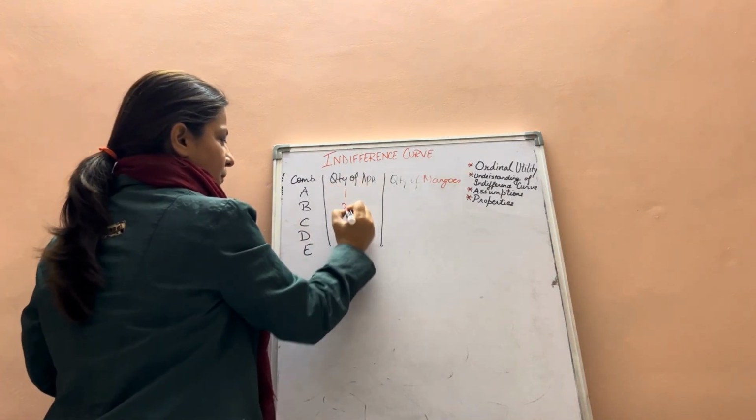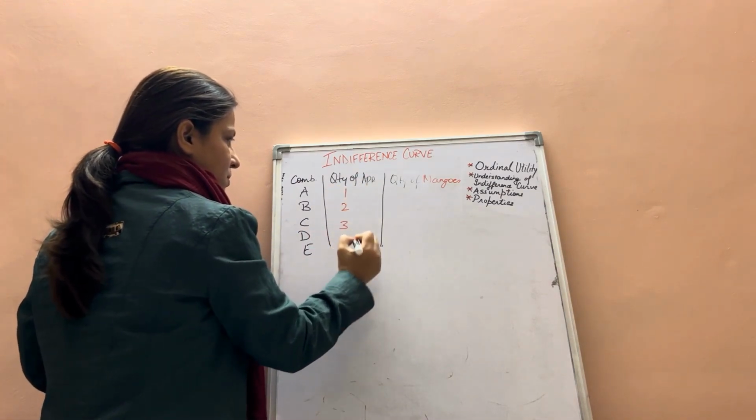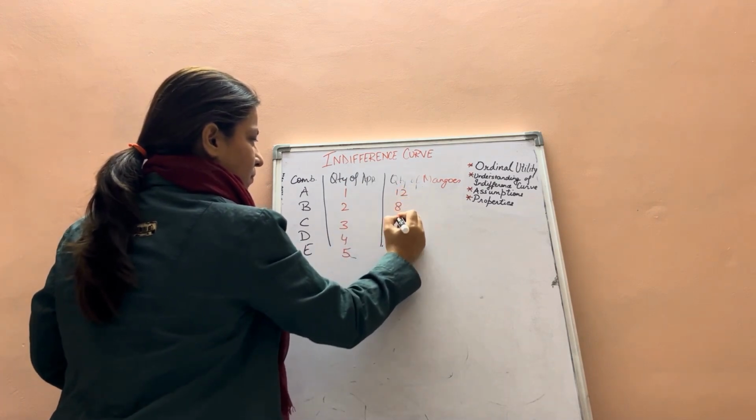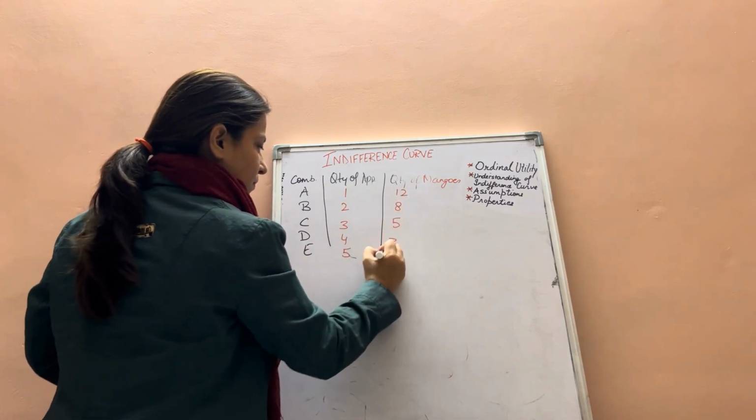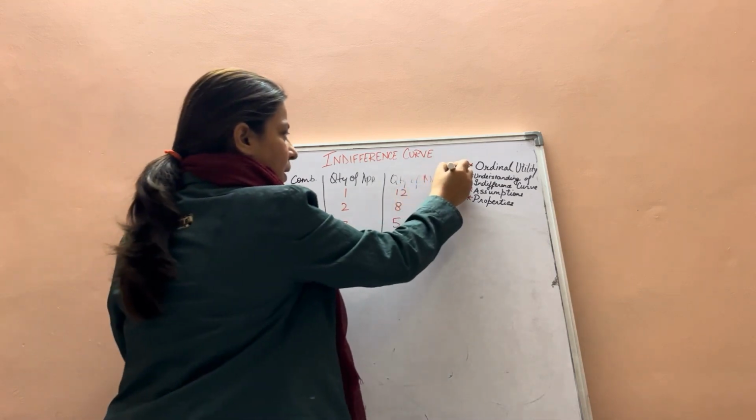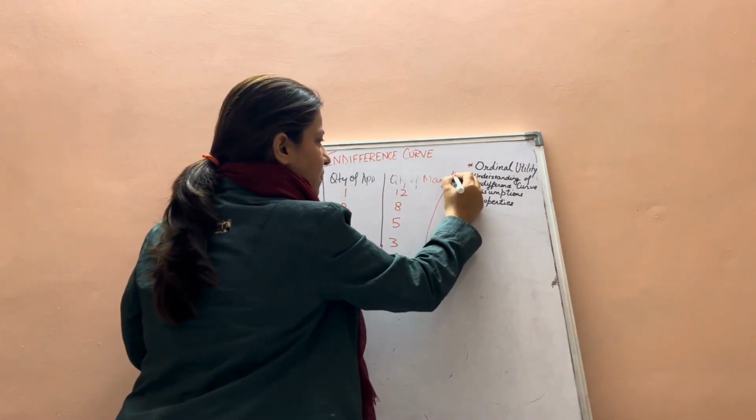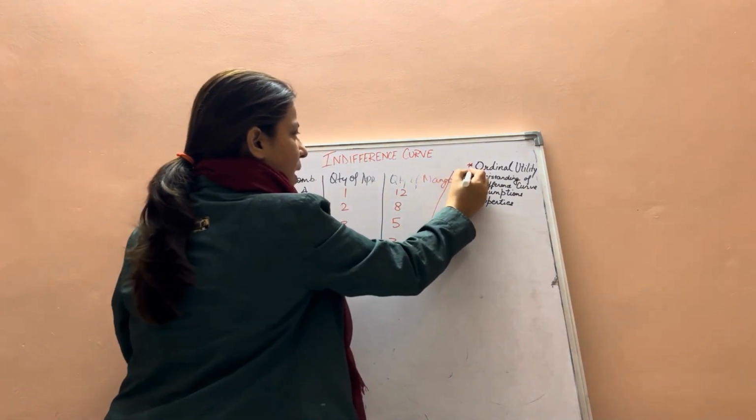So we are taking 5 combinations. Now we'll see here marginal rate of substitution in the last column.